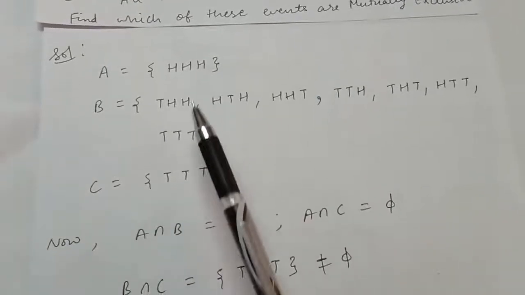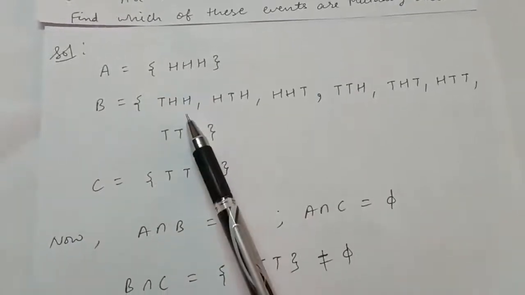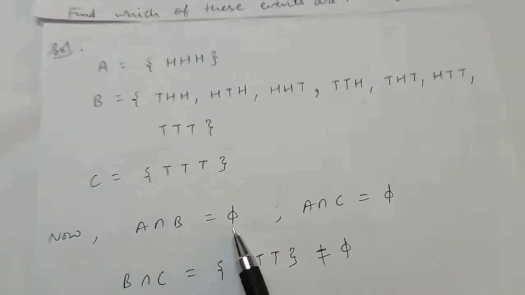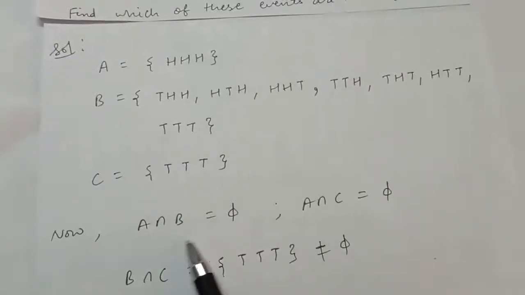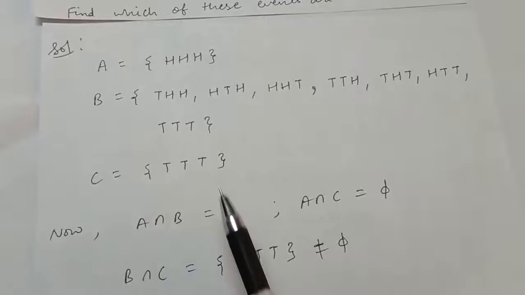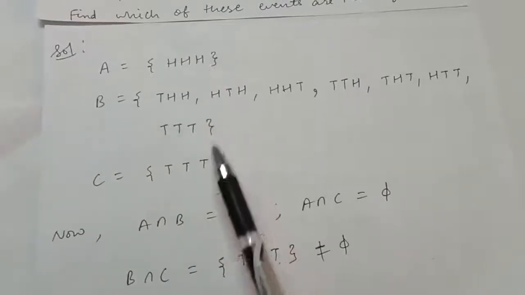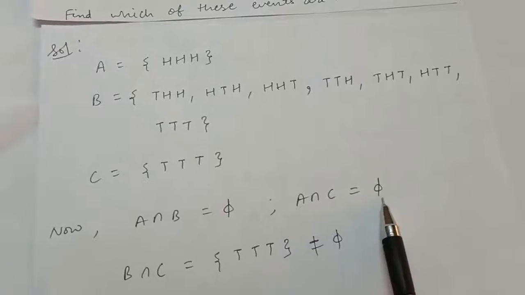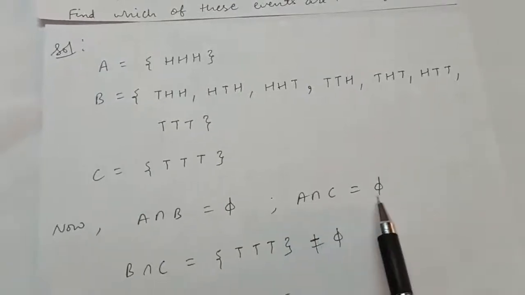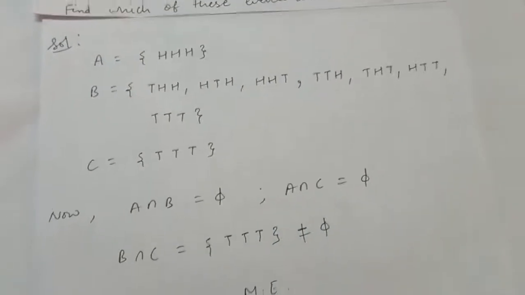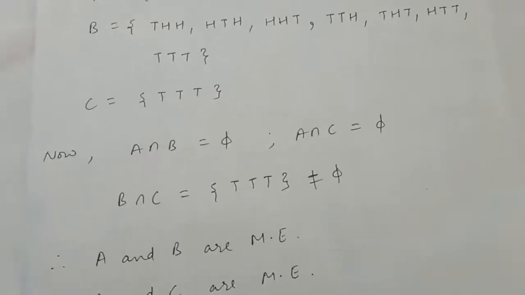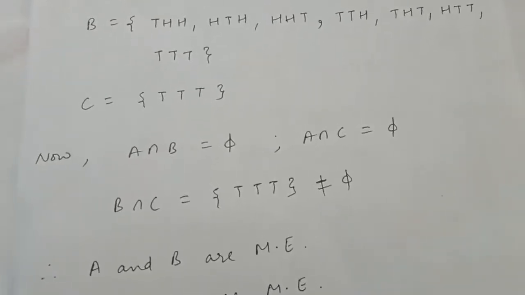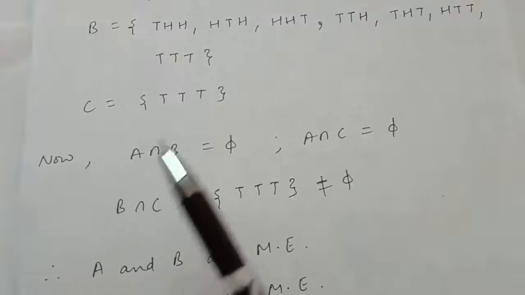Now you can see in event A and event B, the intersection is phi. So A and B are mutually exclusive. Again, the intersection of A and C is also phi. So A and C are also mutually exclusive. But for the events B and C, one element is common.